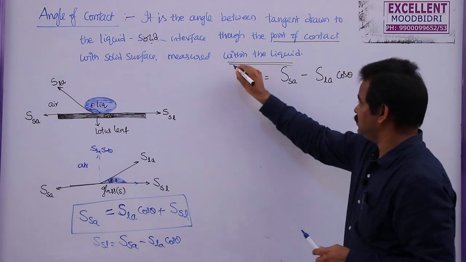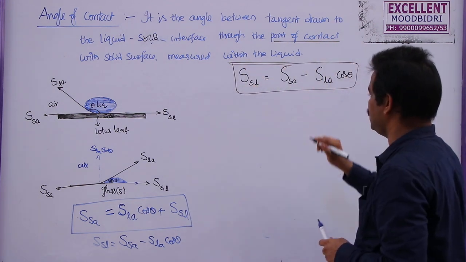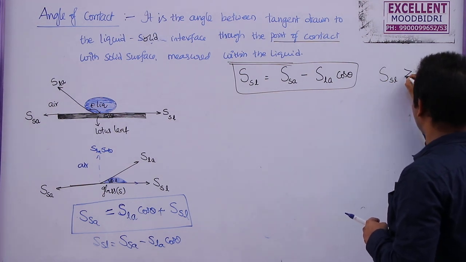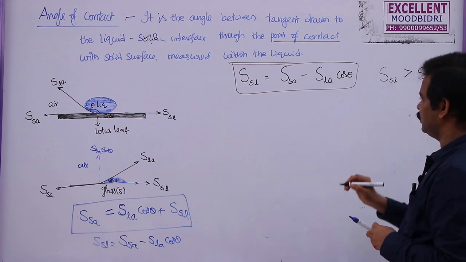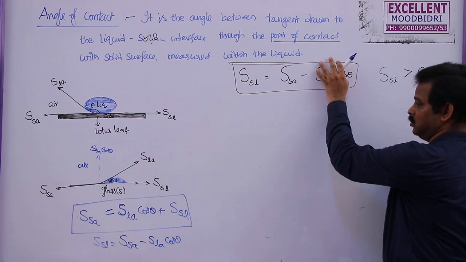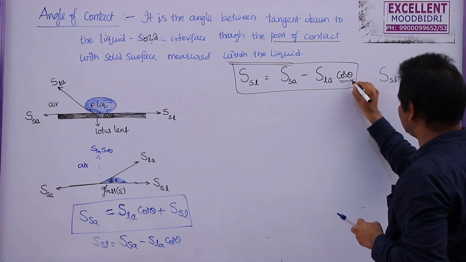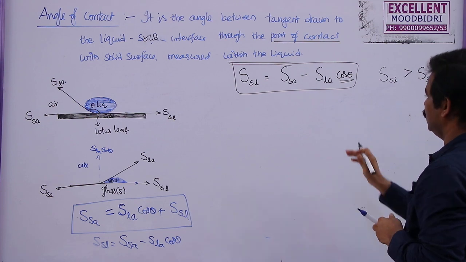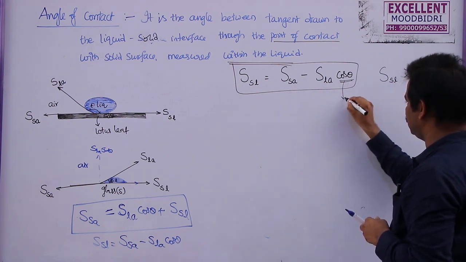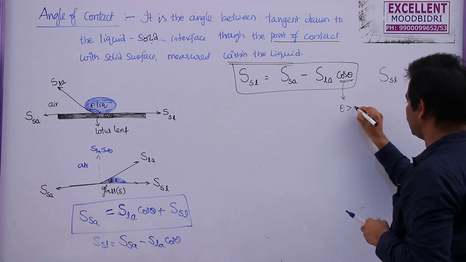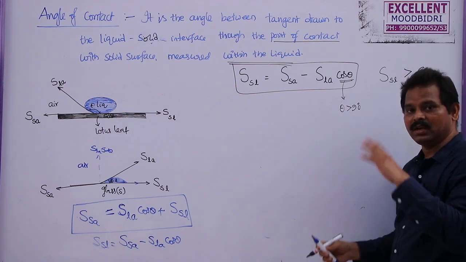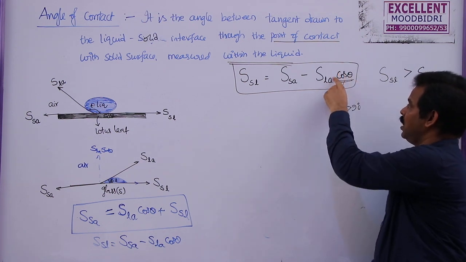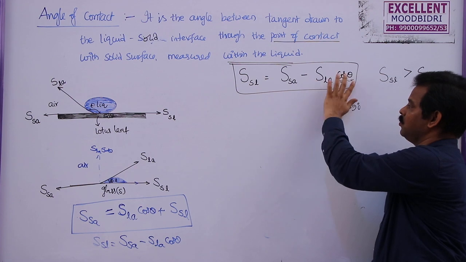Now when S_SL will be greater than S_SA, for this to happen, this term should become positive. So for this theta should be greater than 90 degrees, because in the second quadrant, from 90 to 180, cos is negative, so negative of negative will become positive.